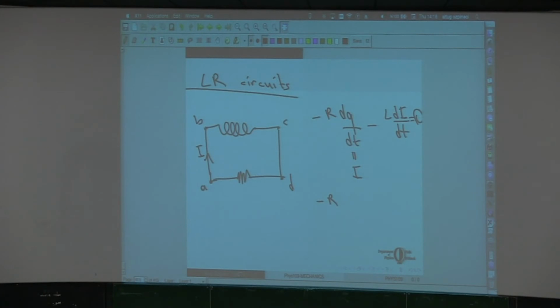Now, you are doing work in the inductor. The inductor will be doing work against you. You are not doing work against the magnetic field. You are doing work against the inductor. In the inductor, if you have a changing magnetic field, there will be an electric field, and hence you are working against the electric field.